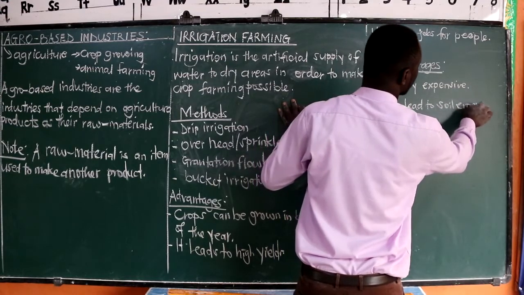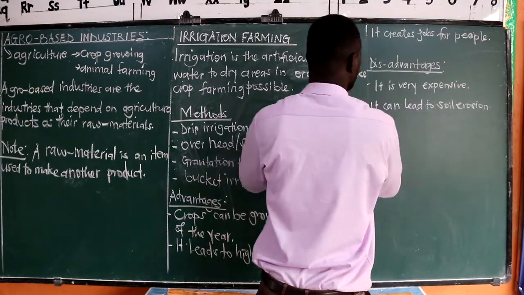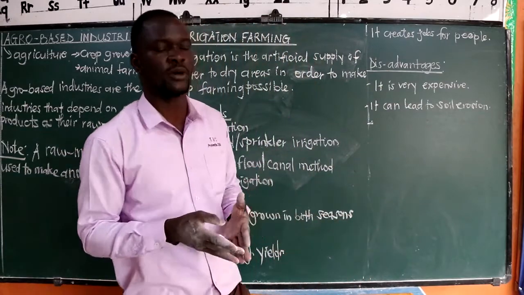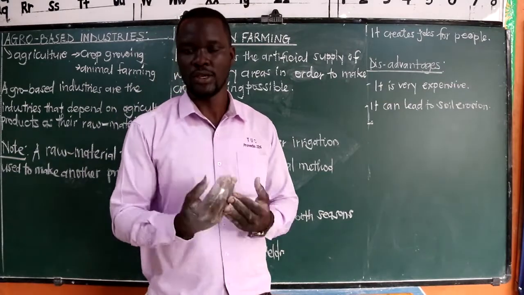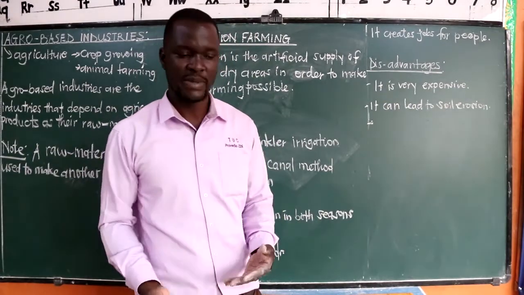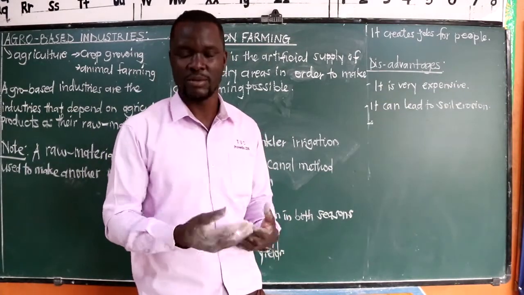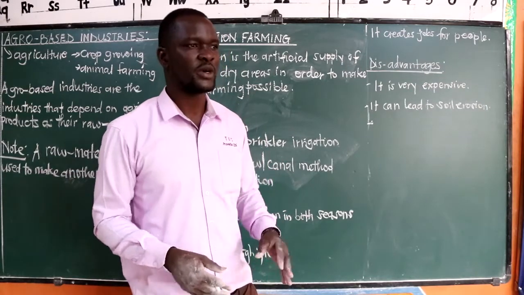And due to the continuous use of this land, it can bring what we call land or soil exhaustion. The soil becomes tired of being cultivated there season after season. Remember, there is nothing like resting.